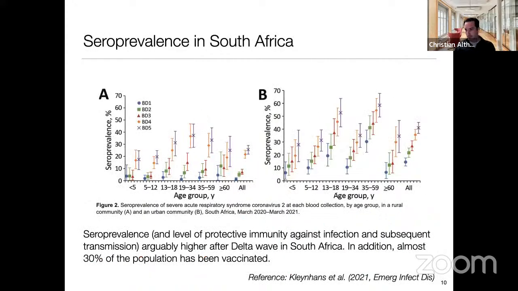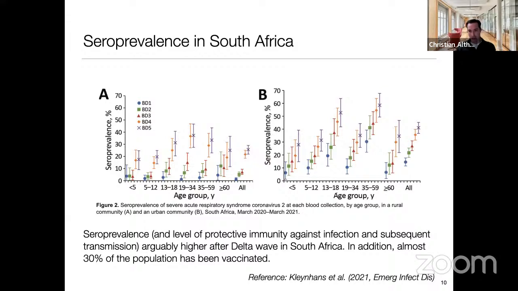This, of course, depends very much on the level or the proportion of the population that is indeed susceptible. And there's some information about that in South Africa. These graphs are coming from a study that has been published in Emerging Infectious Diseases by Kleinhans and colleagues, and show seroprevalence studies that have been conducted until March 2021.